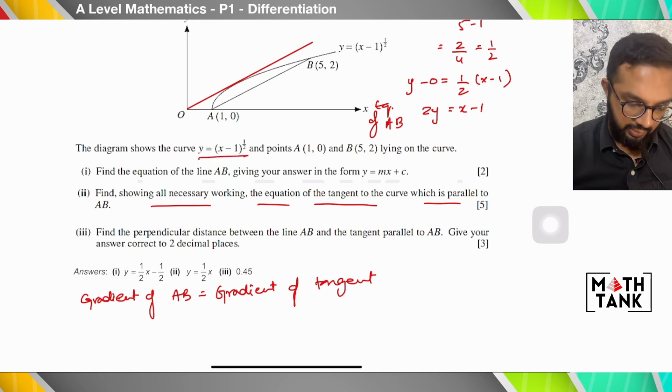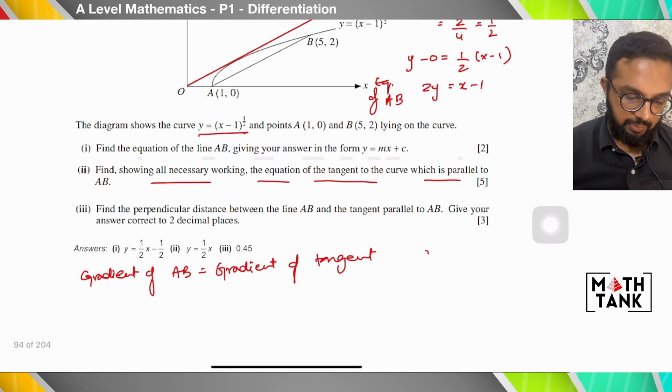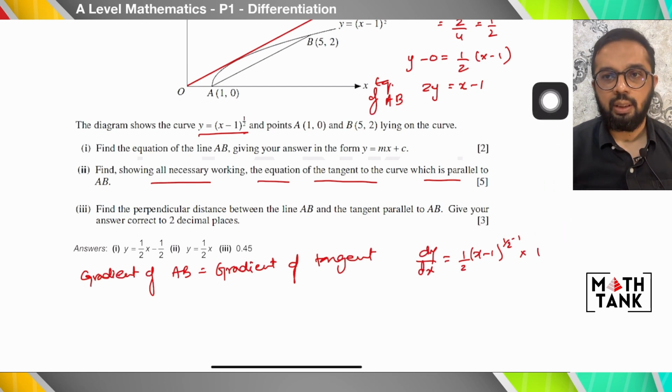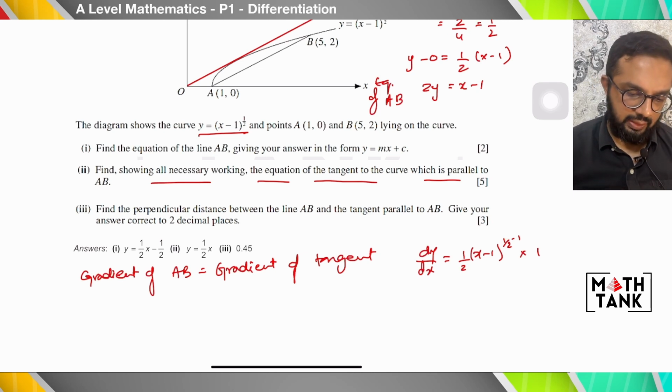So I'm going to differentiate this and say that dy by dx is half (x minus 1) power half minus 1 into 1, basically, because 1 is the differential of the terms in x that are inside the bracket. Okay, then I can say that the gradient of the tangent is half (x minus 1) power minus half.